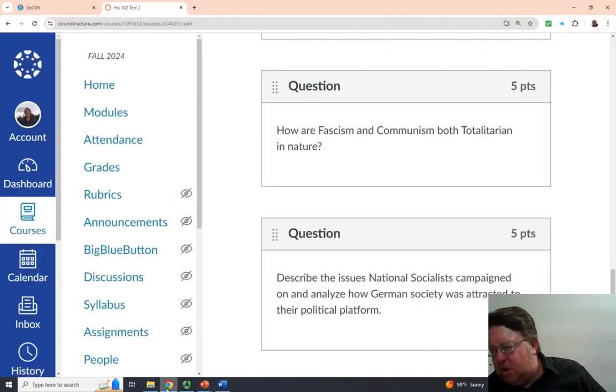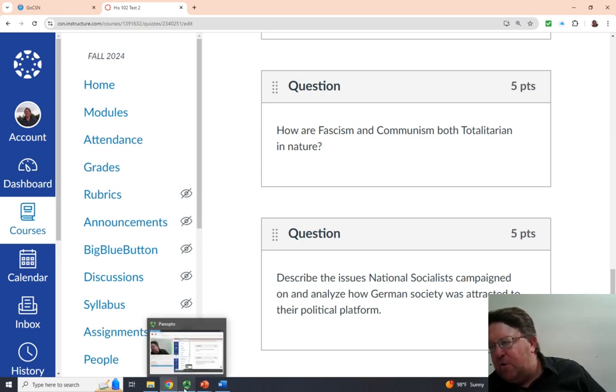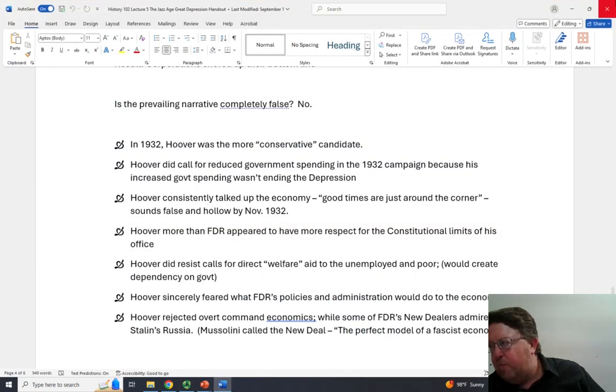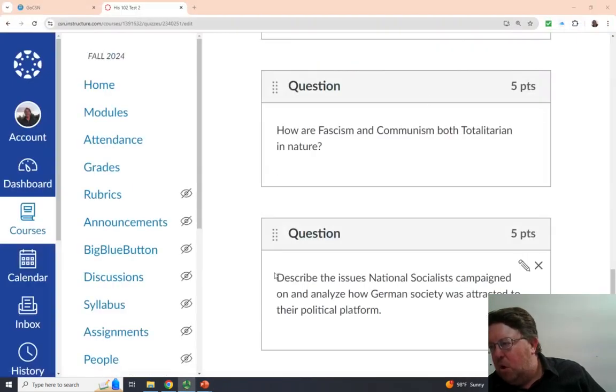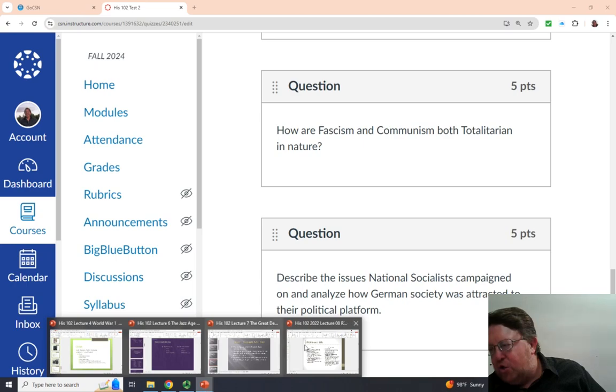And then next, describe the issues National Socialists campaigned on and analyze how German society is attracted to their political platform. So we're going to study National Socialism.